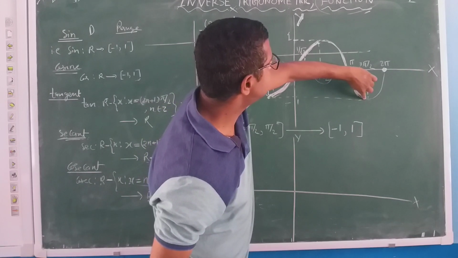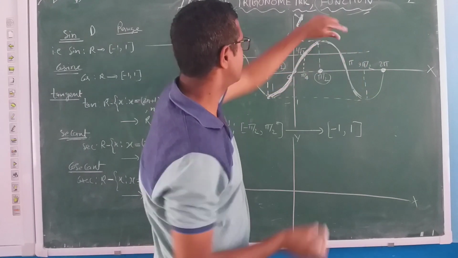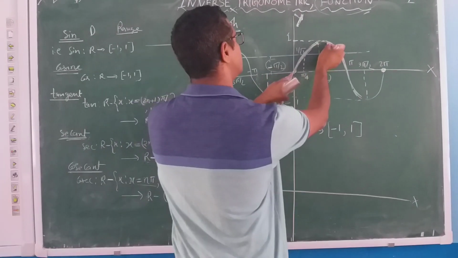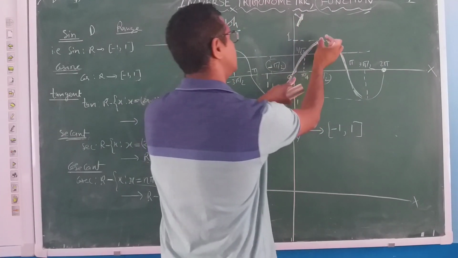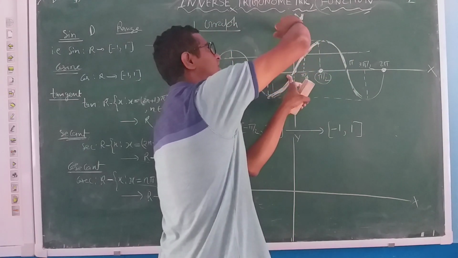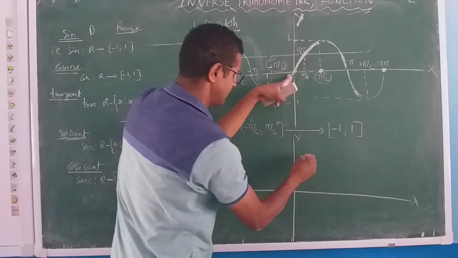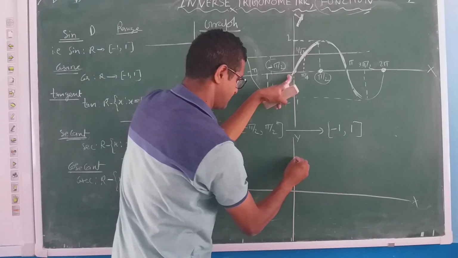If you rotate this, then after rotating you will make its mirror image. When you rotate this, this part will move here. And then you will invert it. You will do it like this.